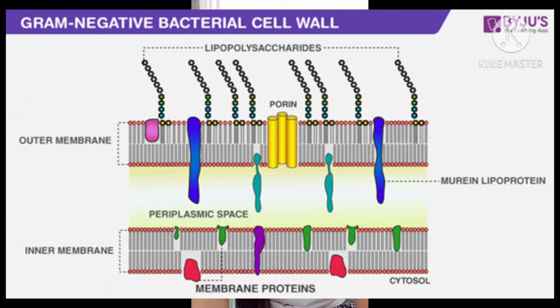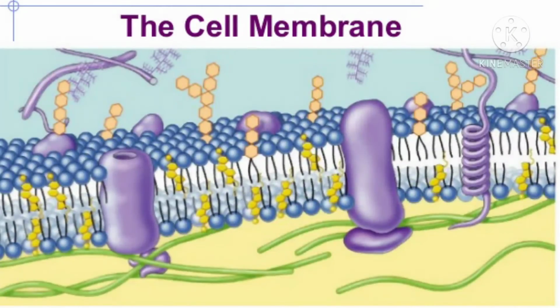The peptidoglycan of gram-negative bacteria is located between the plasma membrane and the outer LPS membrane. The LPS membrane is similar to a plasma membrane, but less permeable, and is composed of lipopolysaccharides or LPS.